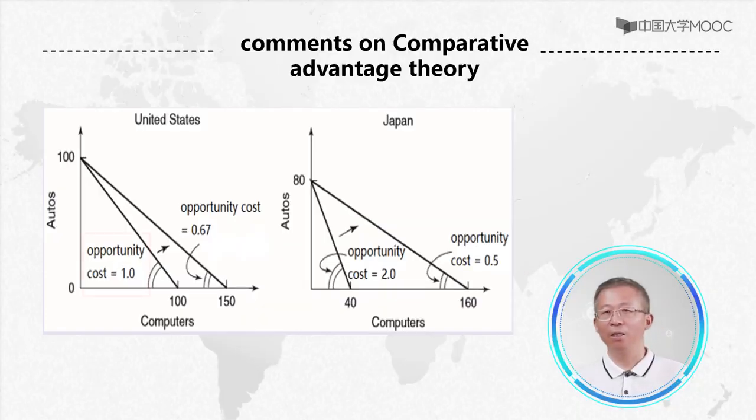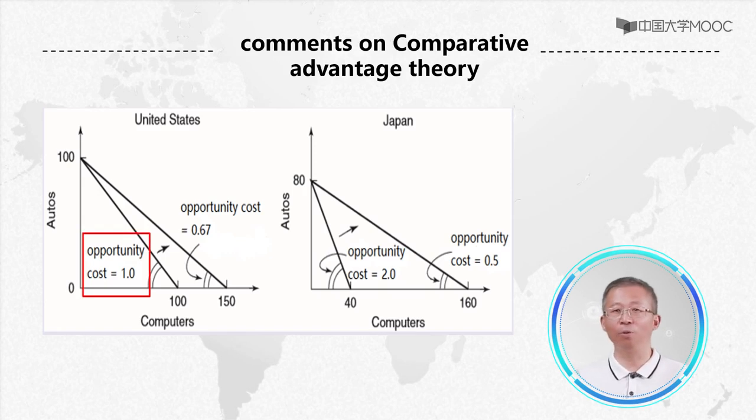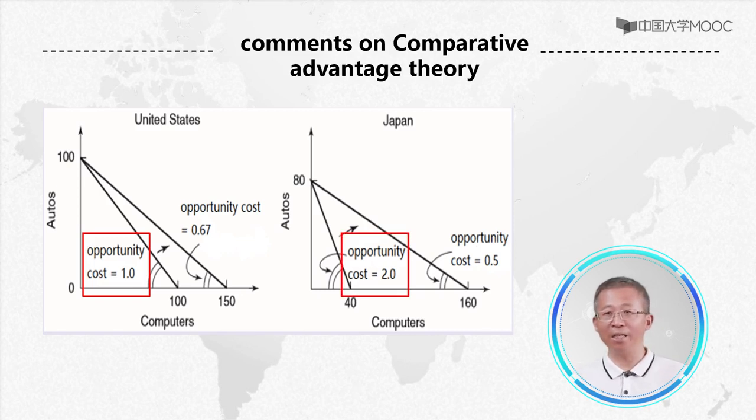Note that the opportunity cost of automobiles in terms of computers initially equals 1 for the United States and 2 for Japan. The United States thus has a comparative advantage in production of computers and a comparative disadvantage in auto production.